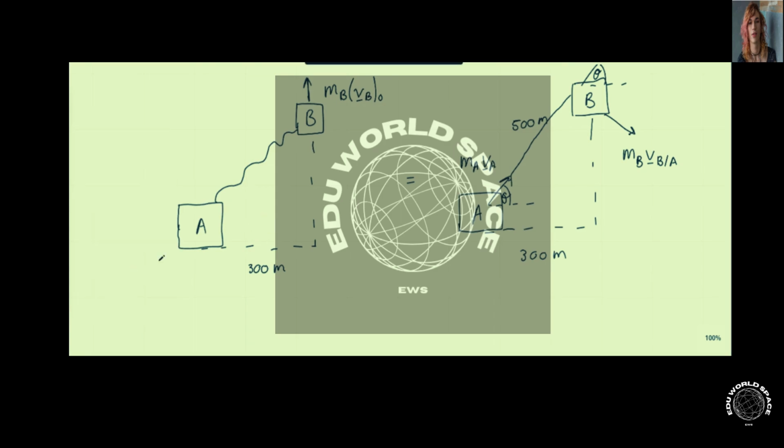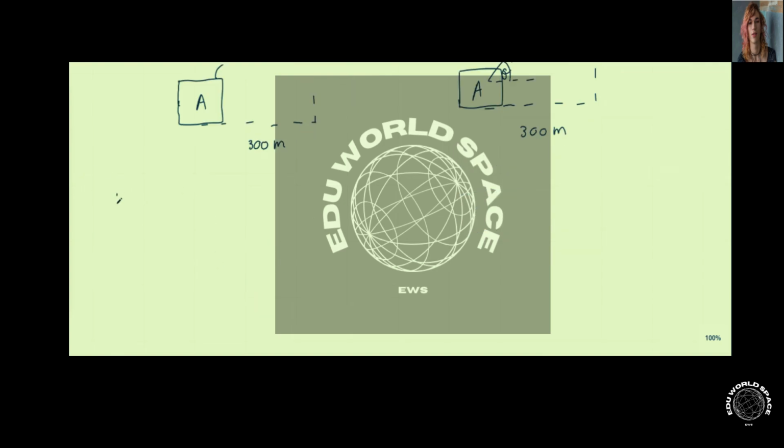So that's our momentum of the system before the cable becomes taut and the momentum of the system after the cable becomes taut. What we know is that linear momentum needs to be conserved. From the conservation of momentum, we get the following.